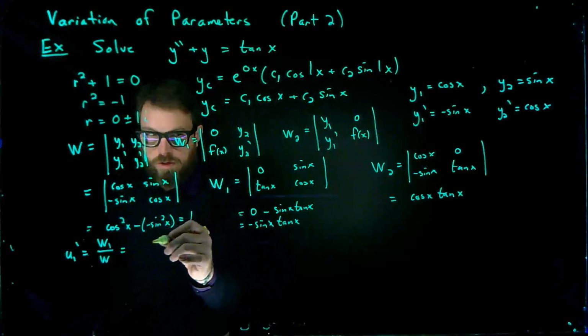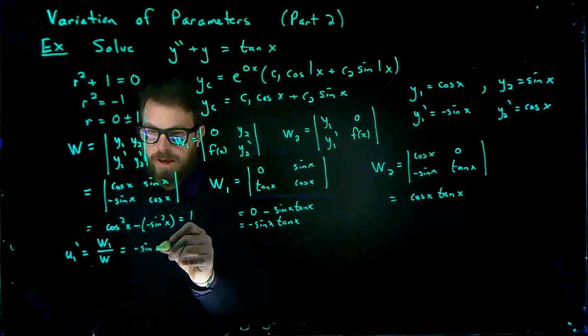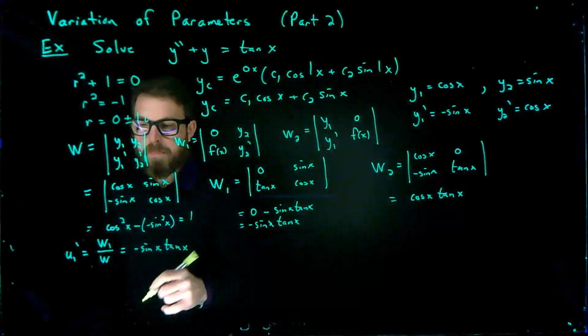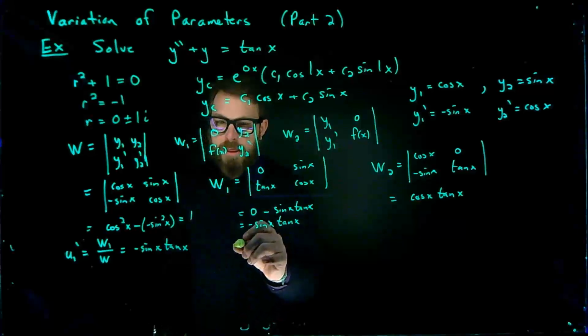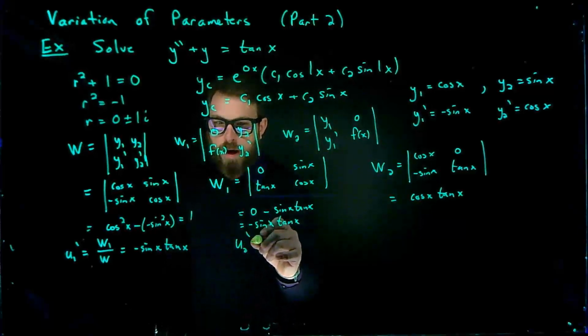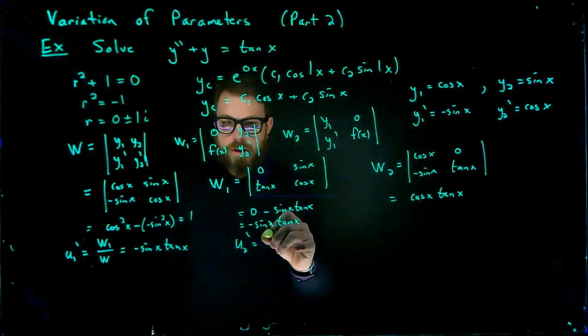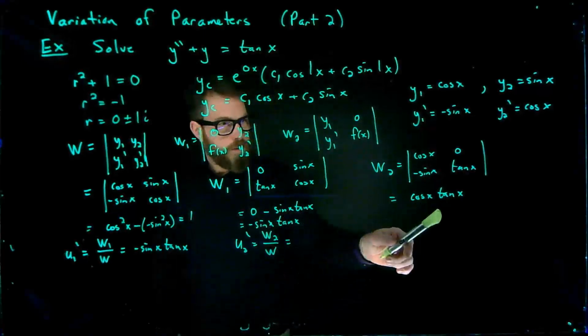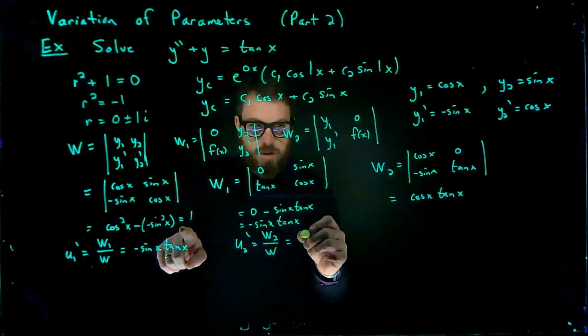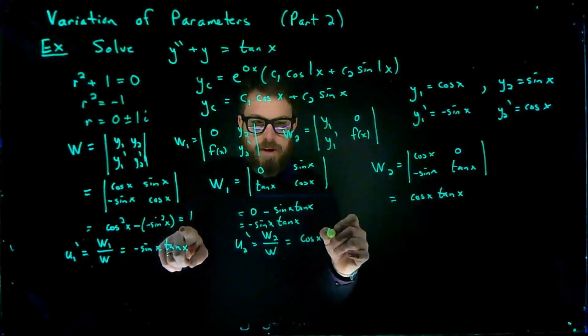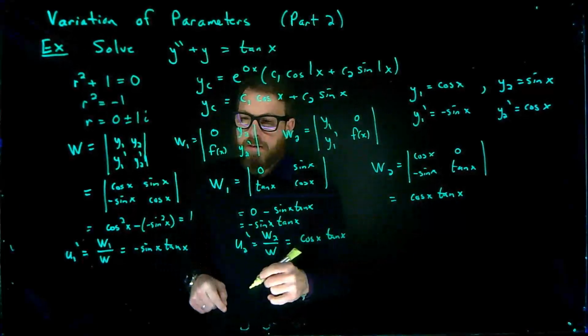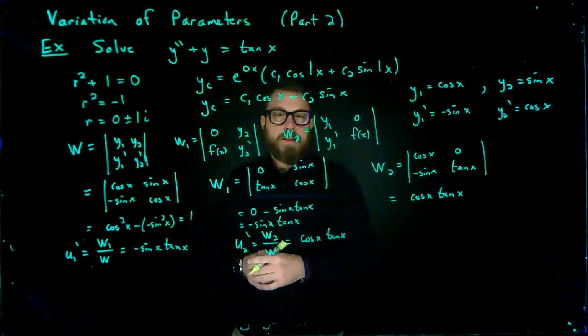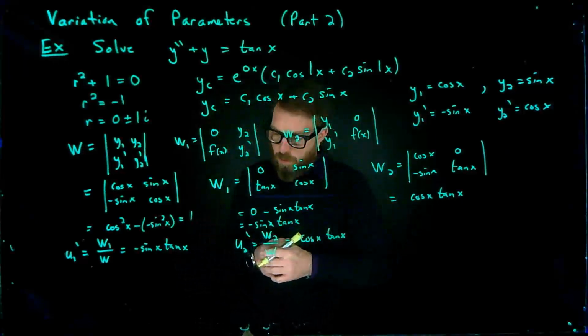So this is going to just be minus the sine of x times tangent of x, over 1. And then U2 prime, we know that it's W2 over W, W2 being right here, and then W being 1. So this is going to be the cosine of x times the tangent of x, and we'll divide it by 1.